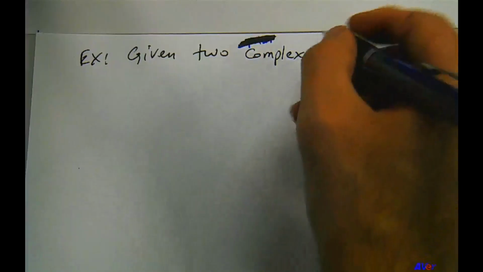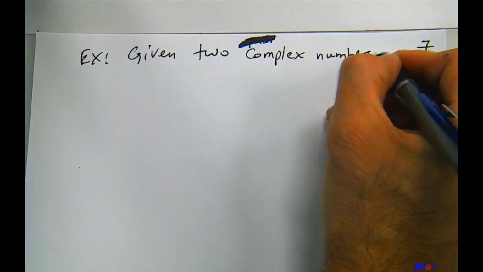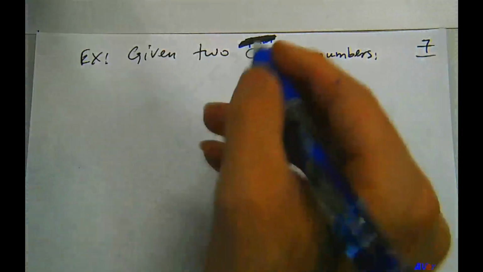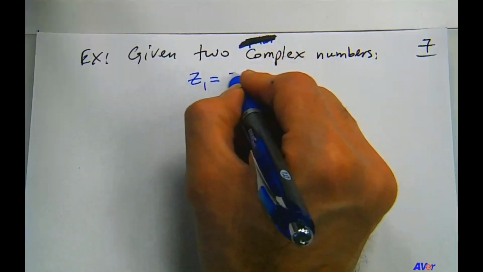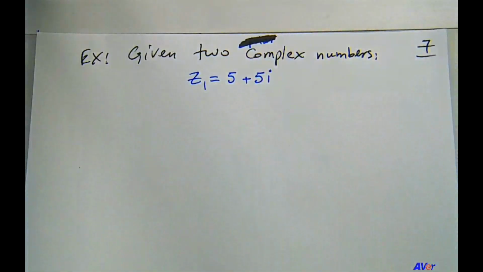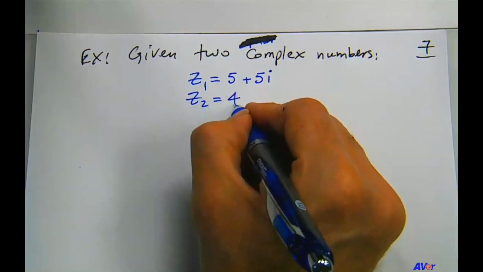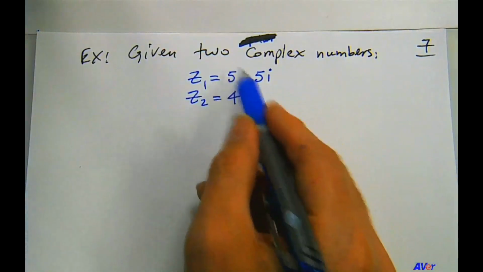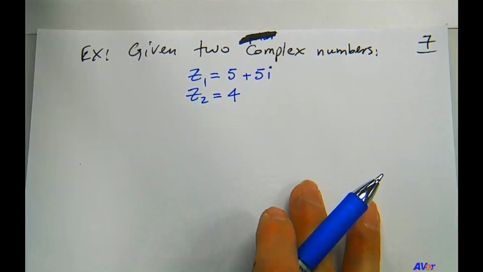Given two complex numbers, z1 equals 5 plus 5i, and z2 equals 4. So this one only has a real part. It doesn't have an imaginary part.